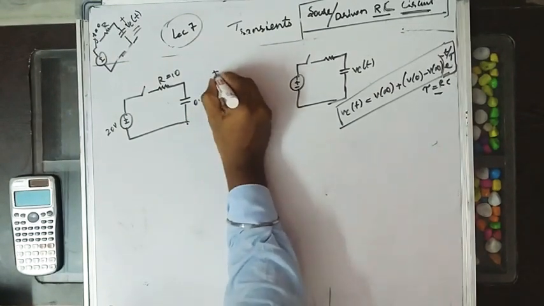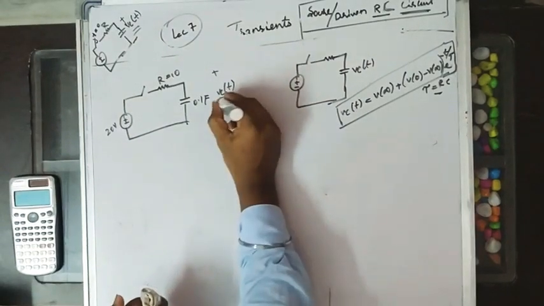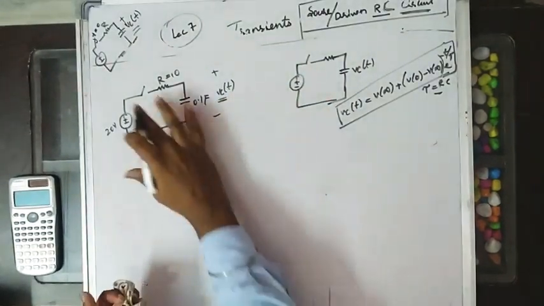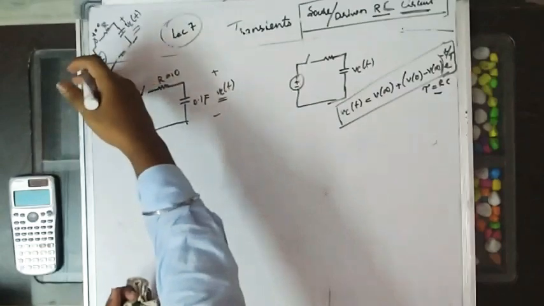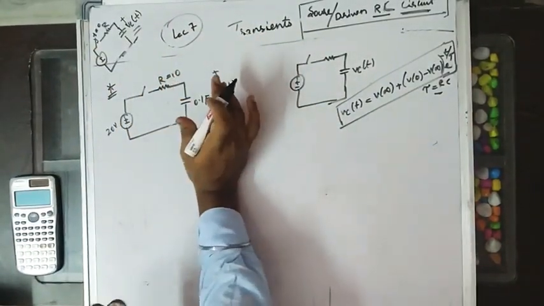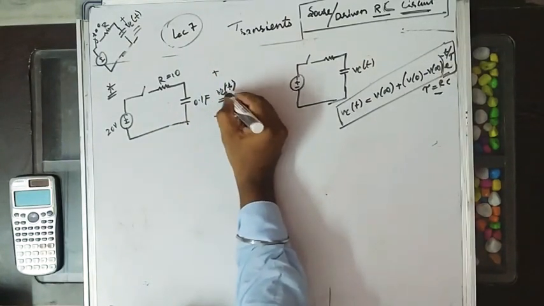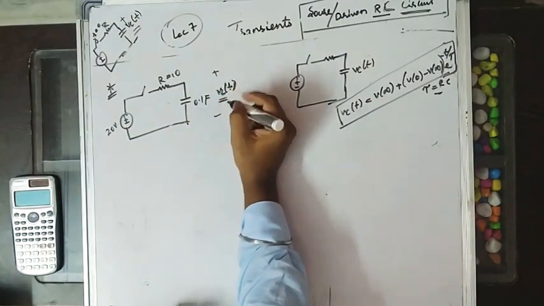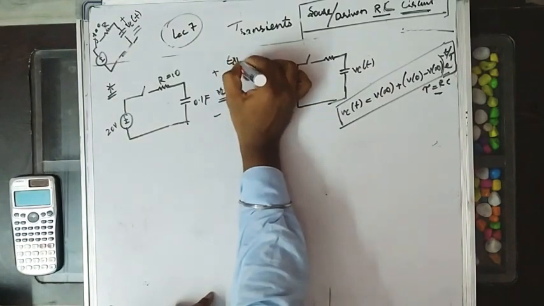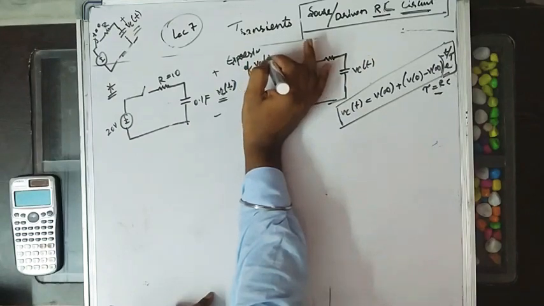You are asked to find the expression of the voltage across the capacitor, Vc of t. Here the circuit is given.